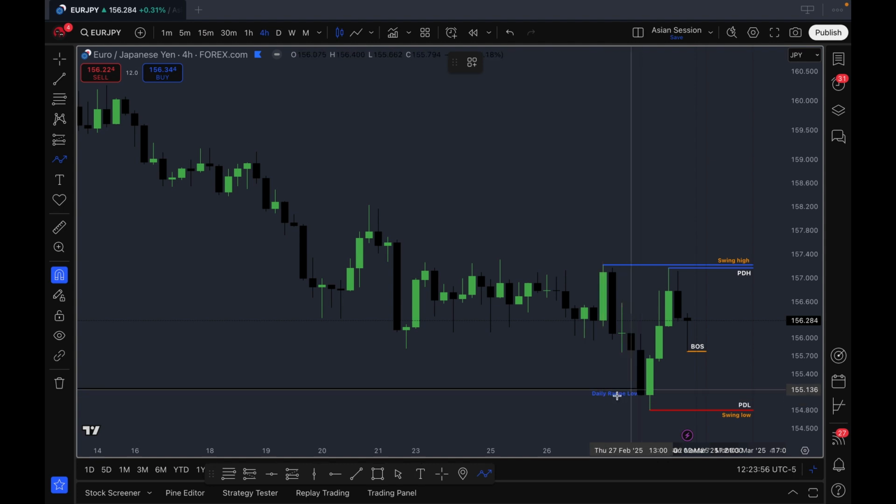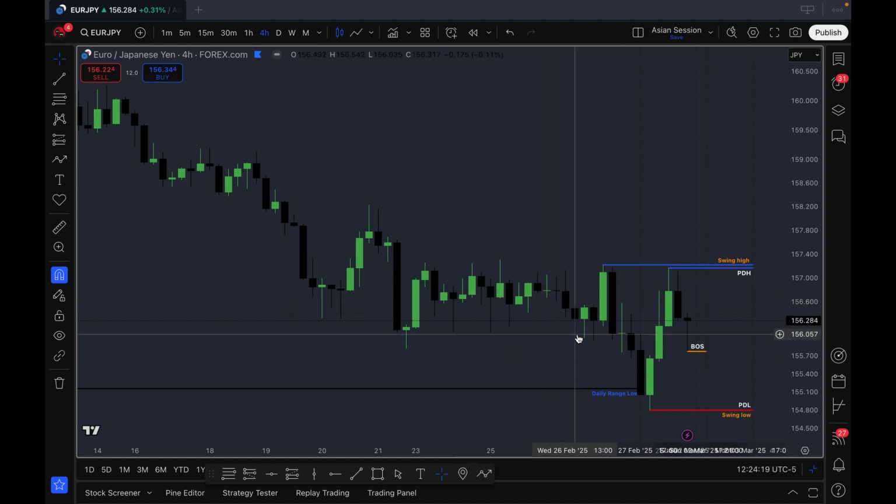It hit the daily range low, and once it hit, it retraced back to the top of the consolidation, creating what I think is a double top. But this double top formation will be confirmed once it breaks past the swing low, so we have to see how it will play out this coming week.